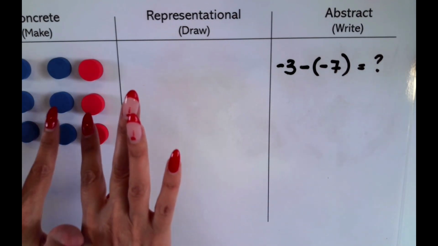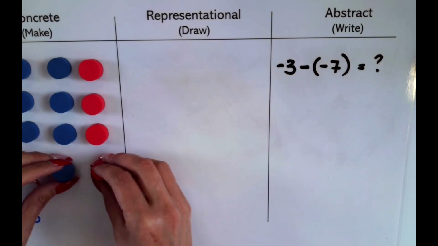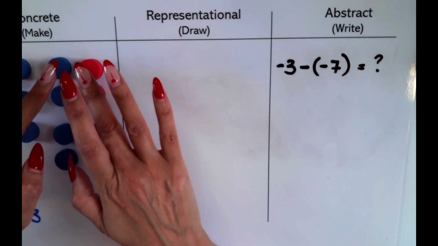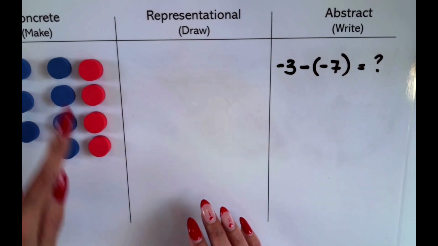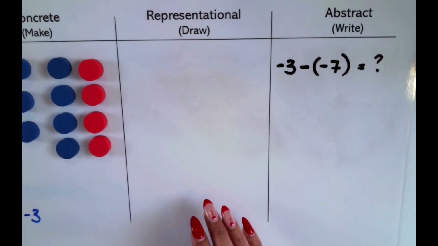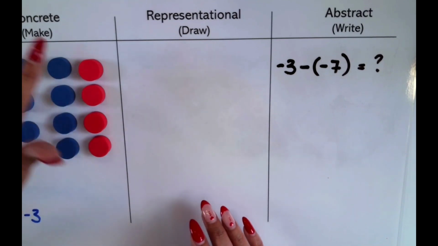So by adding these zero-sum pairs, I'm not actually changing anything in my equation, but this is what's actually happening. So what I want to do is create enough zero-sum pairs that will give me enough to subtract, okay? Enough to subtract 7 negatives from here.